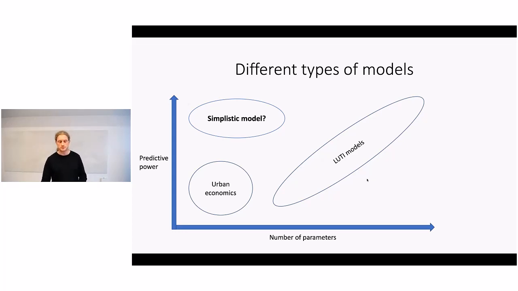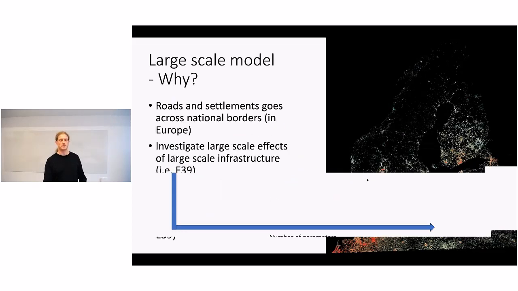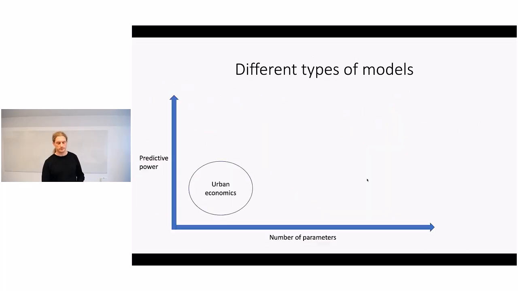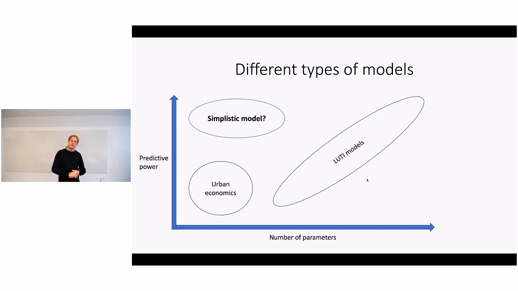And as I said in the previous slide, just go back here. We have just the infrastructure as an input parameter, or we have local conditions as well, but those are very small. So we would like to explain the urban growth basically by infrastructure as an input. I mean, it looks very good to have a few parameters and a high predictive power.